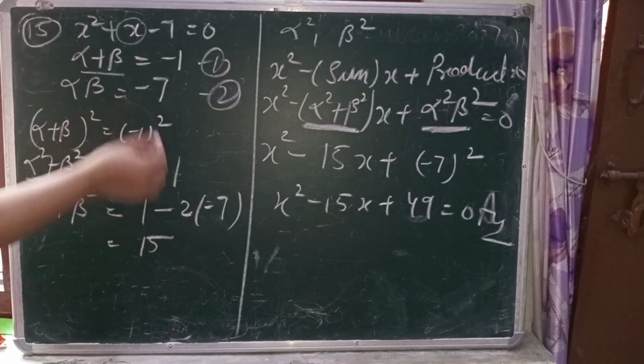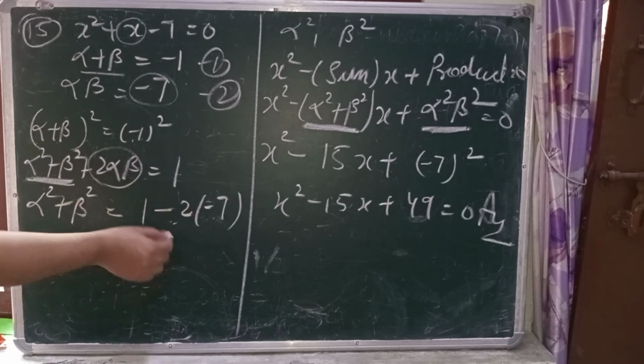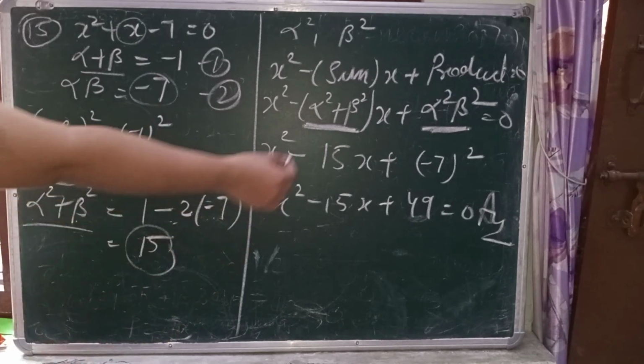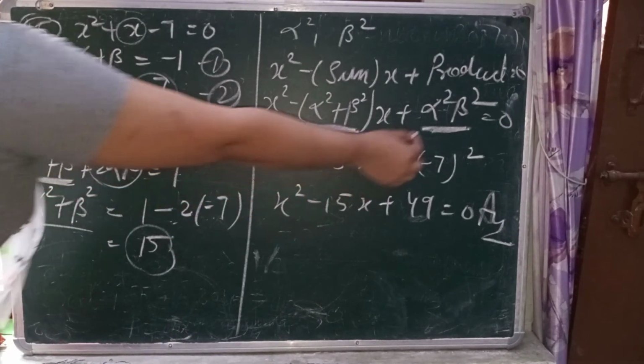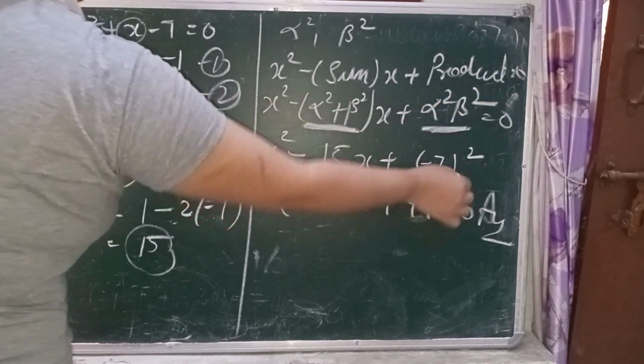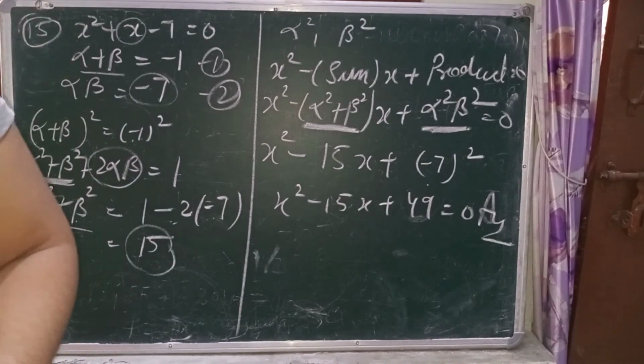Since the product alpha beta was minus 7, it will be 1 plus 14, that is 15. So from this equation I have got the value of alpha square plus beta square, that was 15. That value I have put here, and alpha beta was already minus 7 with us, so we can make it alpha beta square, minus 7 square. So here is the quadratic equation whose roots are alpha square and beta square.